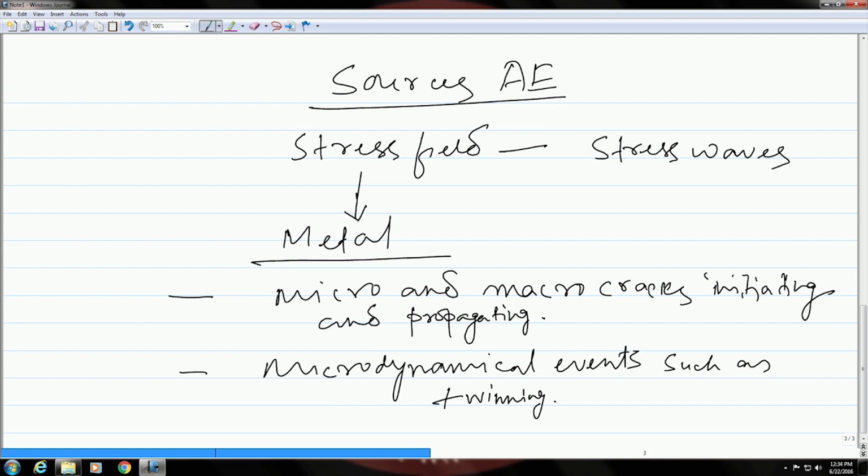One is known as slip and the other is known as twinning. Whenever a metal is loaded, you could have either slip or twinning happening depending on the conditions, and that is how they plastically deform.